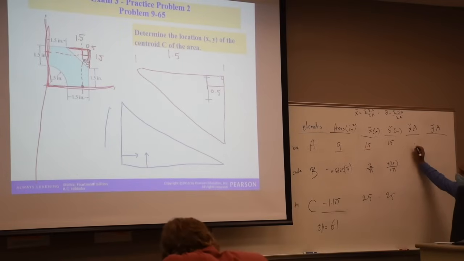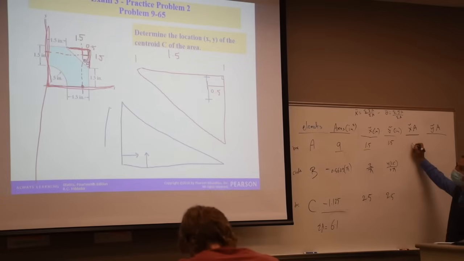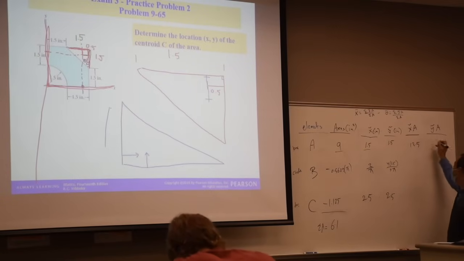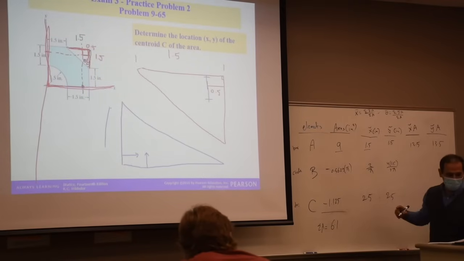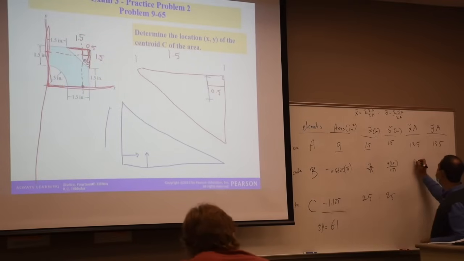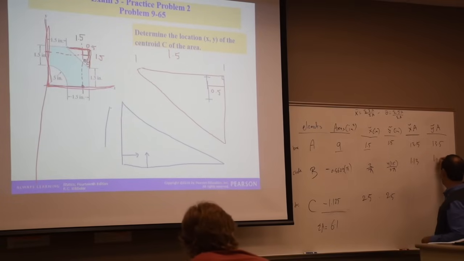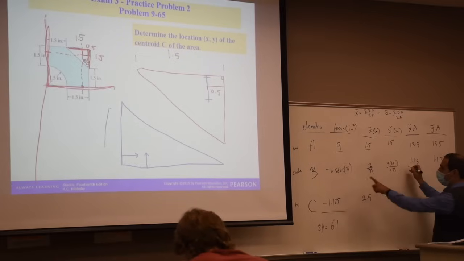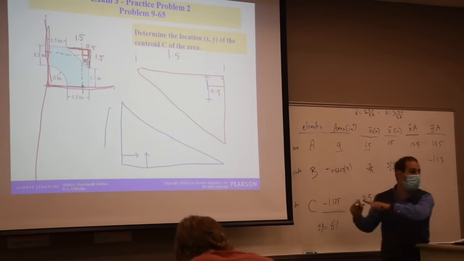First one. 13.5. How much? 13.5. All right. How about the other one? 1.13, and negative. Don't forget the negative, because my area is negative.